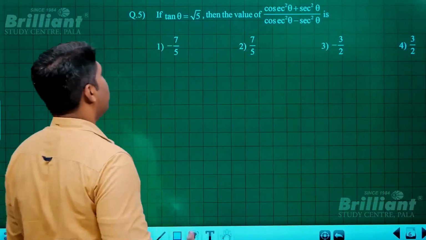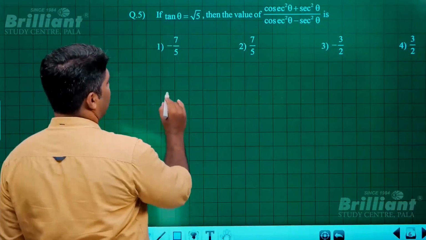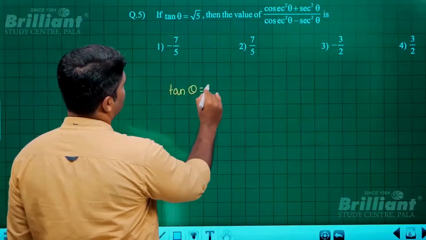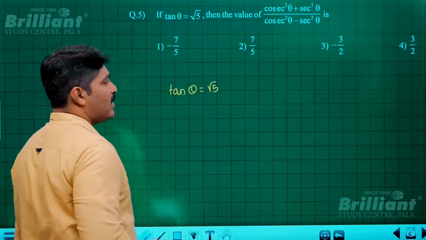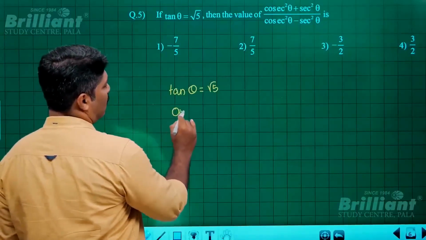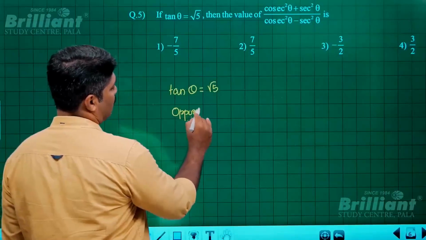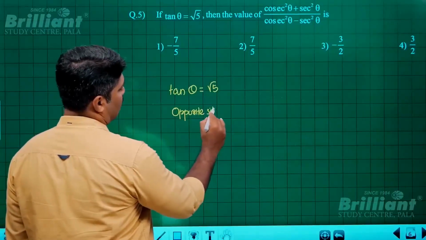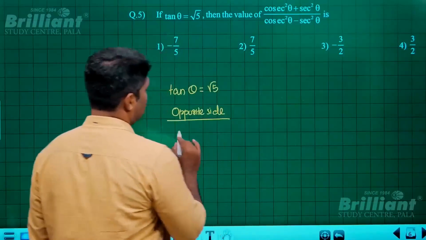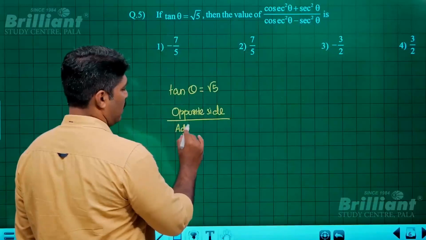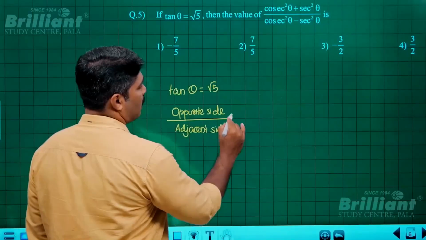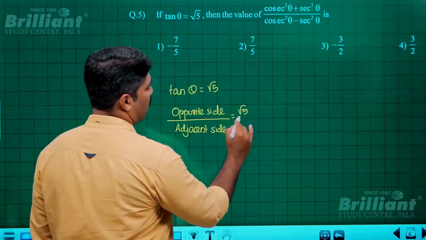So therefore, we are considering such a triangle. As per the given data, tan theta is equal to root 5. As we know, tan theta means the opposite side divided by the adjacent side. So we can assume that as root 5 by 1.